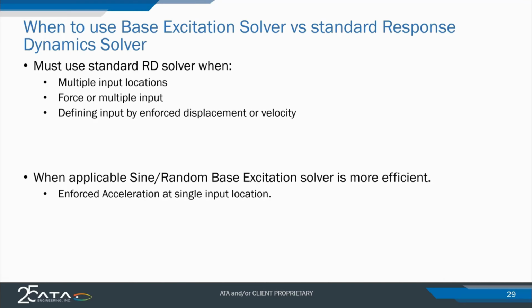However, the main advantage is when you have large models with many modes. Not only does your modal solution take significantly longer than the demonstration model that we showed today, but also each of those output requests, that data recovery, starts to take a lot longer as well. Both of those parts are made more efficient with the base excitation solver.